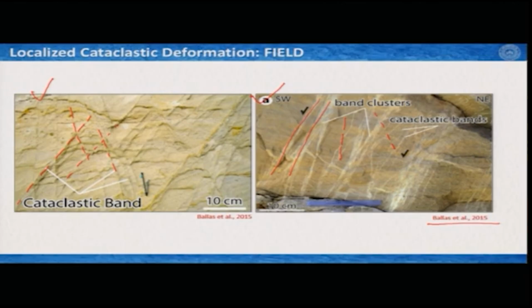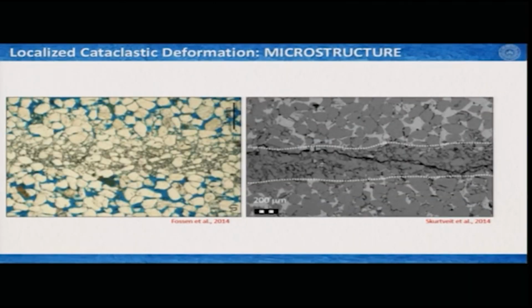I am sure you have seen them when you go to the field, particularly in sandstone-rich terrains which are deformed. You also can see that these shear bands are displaced by the next generation of fractures. We will see the grain scale processes in some of the following slides.